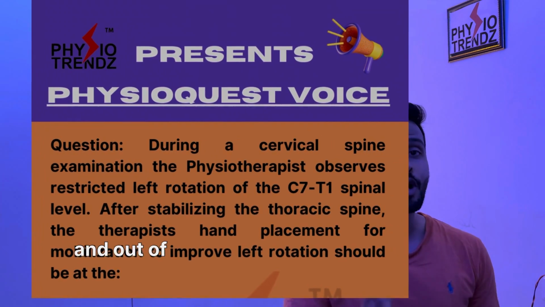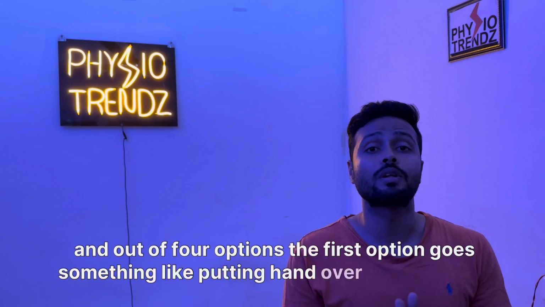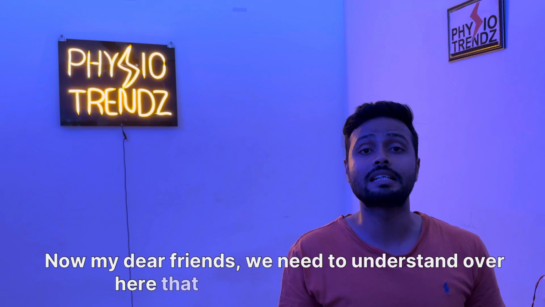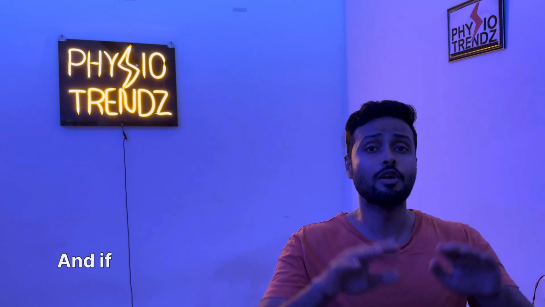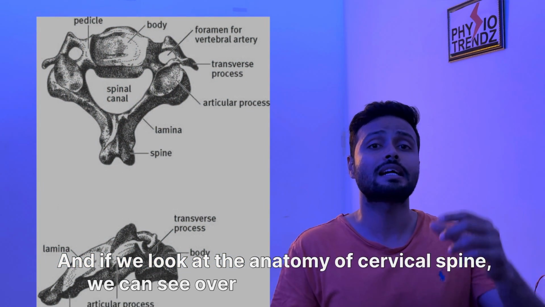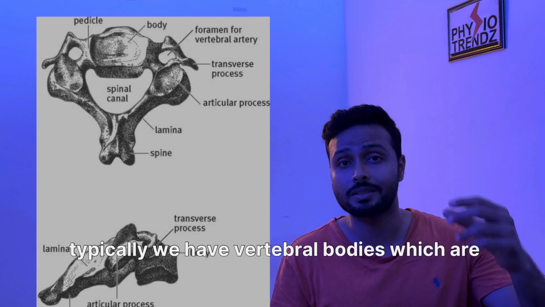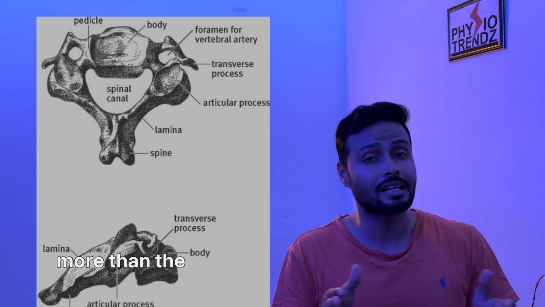Out of 4 options, the first option goes something like putting the hand over the posterior right C7 articular pillar. Now my dear friends, we need to understand here that we are trying to mobilize the cervical spine for improving left side rotation. If we look at the anatomy of the cervical spine, we typically have vertebral bodies which are small, and the anterior posterior diameter is comparatively more than the lateral diameter.